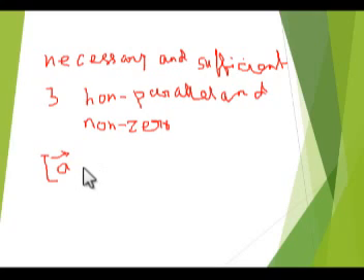Non-parallel means they are not parallel, and non-zero means they are not zero vectors. If the magnitude of the scalar triple product is zero, then the three vectors will be coplanar, meaning they lie in a common plane.